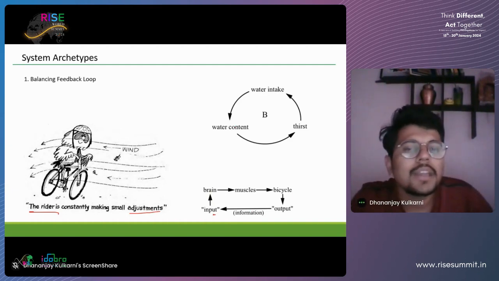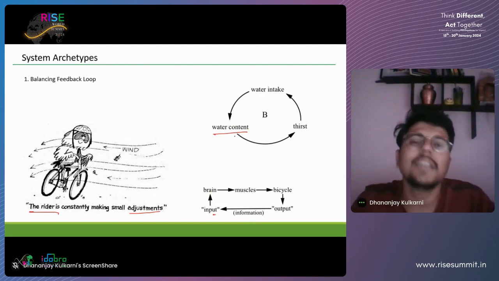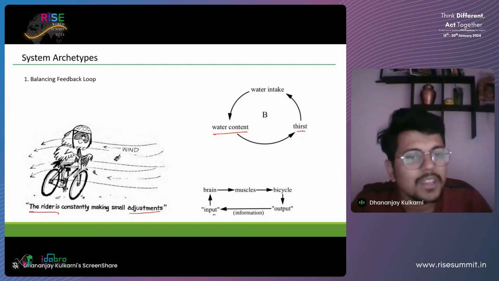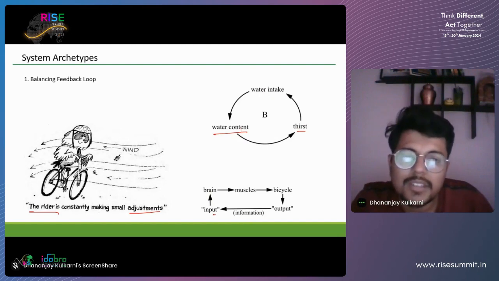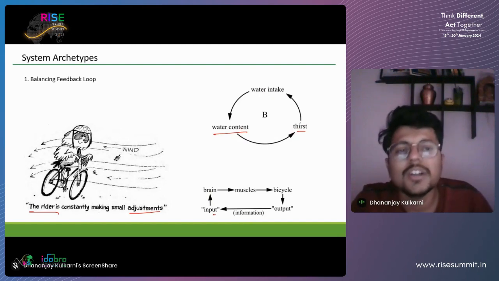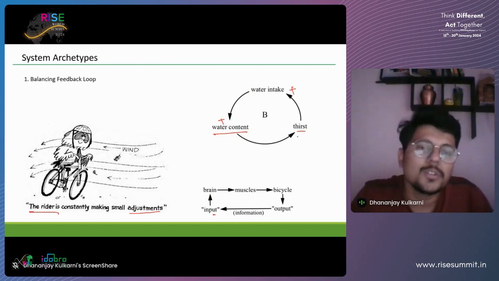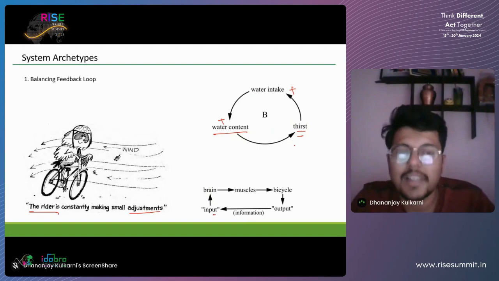And a second example you can take is when we feel thirsty, right? Maybe we can have a stock, the water content in our body. When that gets lower, we get thirsty, then we take water, and the water content increases and the thirst reduces, right? So the more thirst, the more water you take, the more water you have, and the more water content in your body, the less thirst, right?